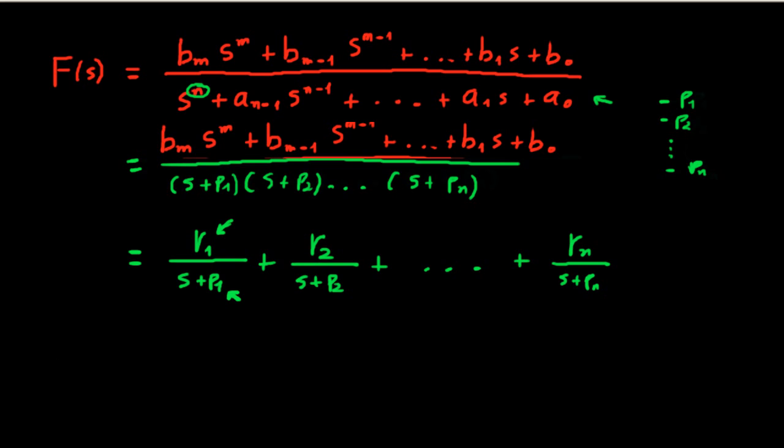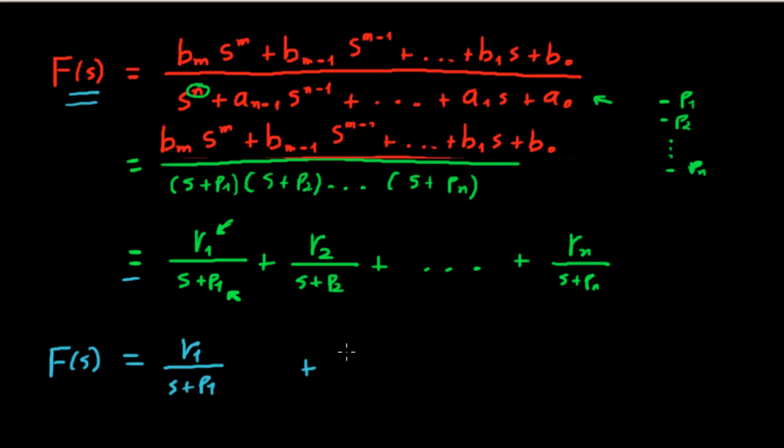So Heaviside's idea is very simple but powerful. If we are saying that this is the same as this, we can write everything here. We say that F of s is equal to r1 over s plus p1.